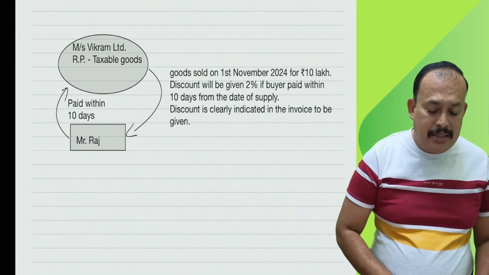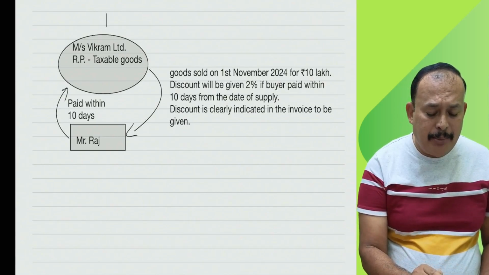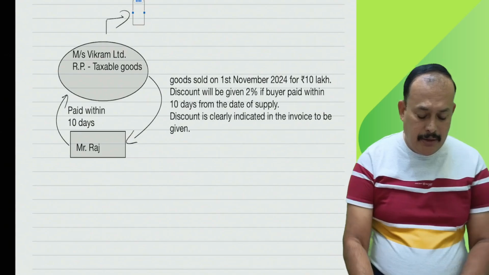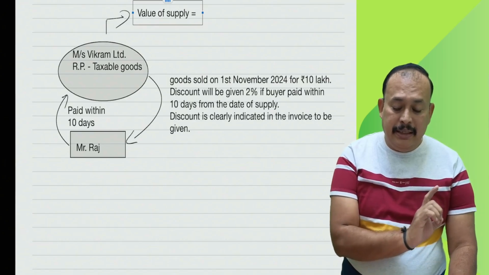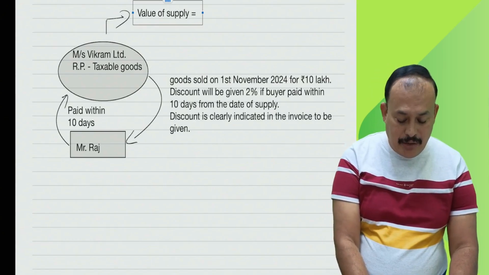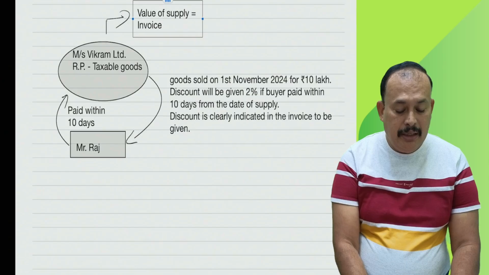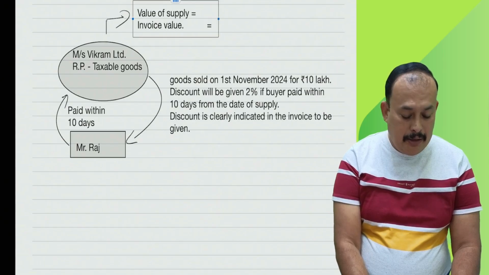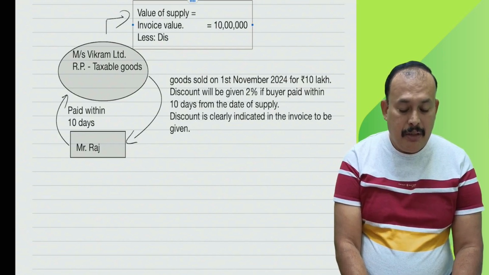So in that case, what is the value of supply for our supplier? Value of supply, how much? It is not the 10 lakhs. 10 lakhs is the invoice value, less the allowed deduction, the discount.